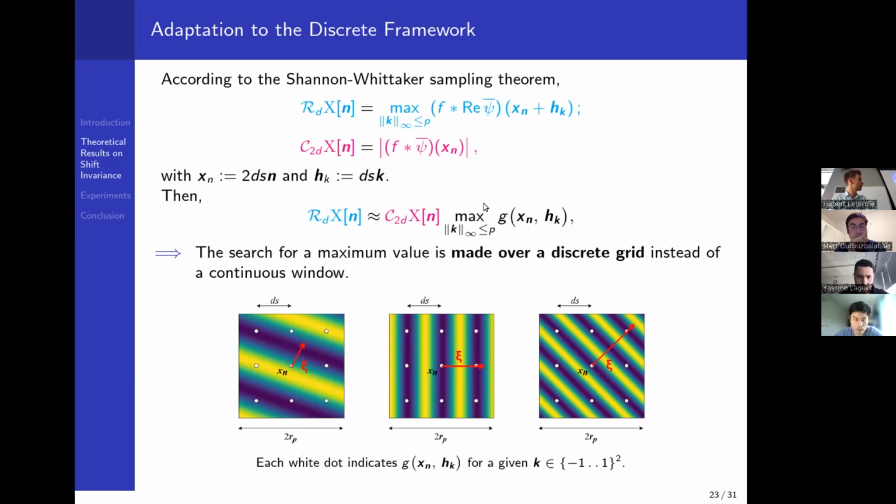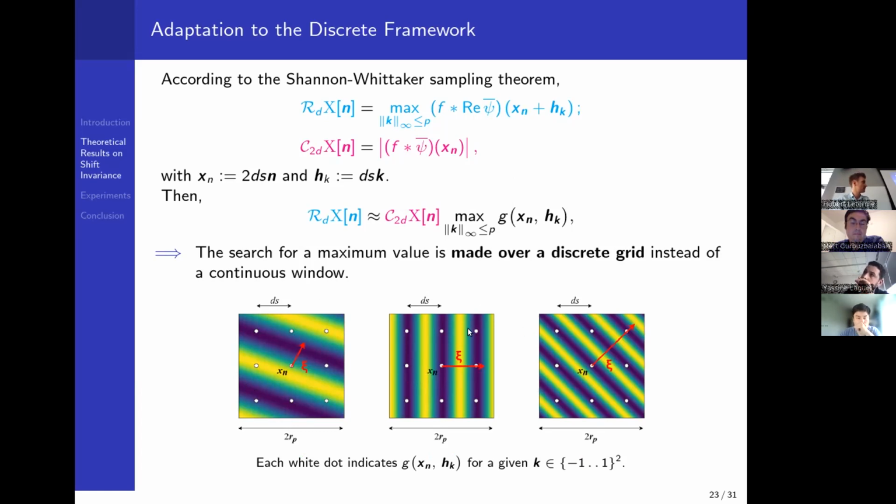So ideally, we would like this maximum value to be equal to 1. So when we look at some examples, we see that if we take a random value of characteristic frequency, we can see that 2 evaluation points here are close to a ridge. That means that the maximum value of G over the discrete grid is close to 1.